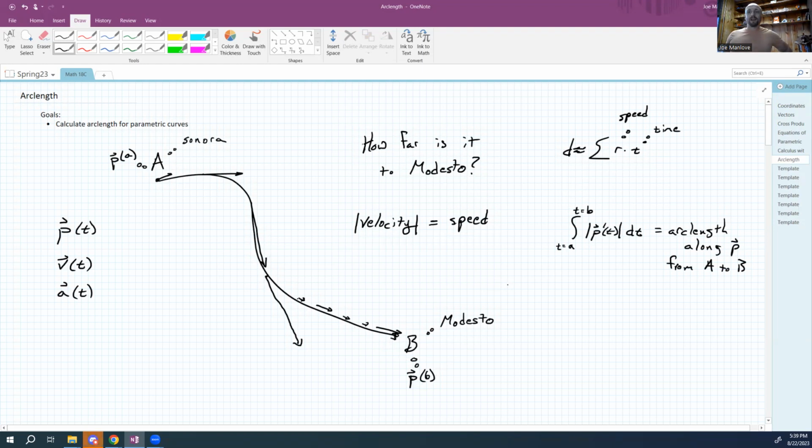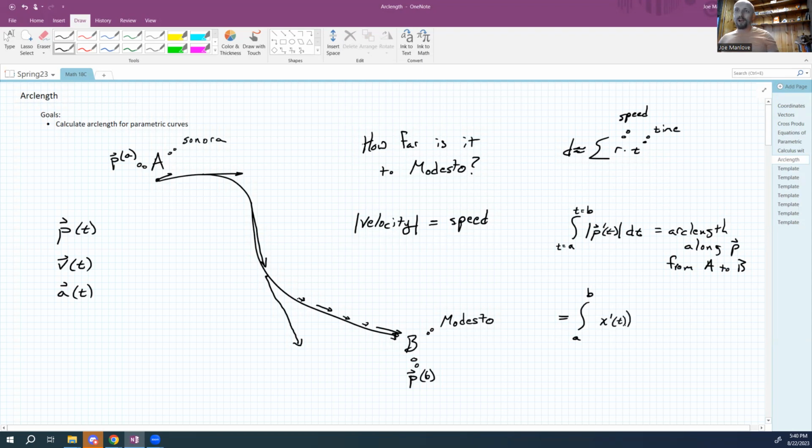So my next thing is, all right, if it's really that easy, these should be super doable. Here's the problem. If I'm going to write this out coordinate-wise, this is also equal to the integral from A to B. Okay, what's the magnitude of, my position function's a vector, right? It's got an X component, a Y component, a Z component. And I need to differentiate those, that's fine. But I'm going to have to square them and add them up, right?